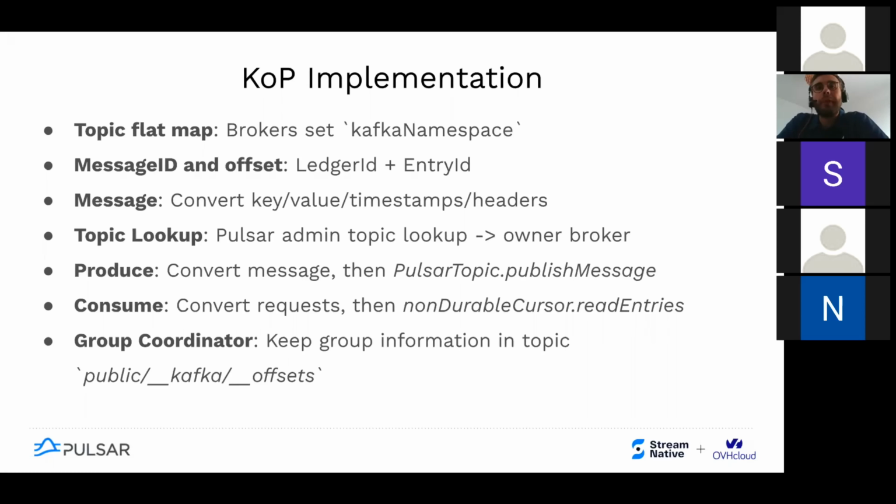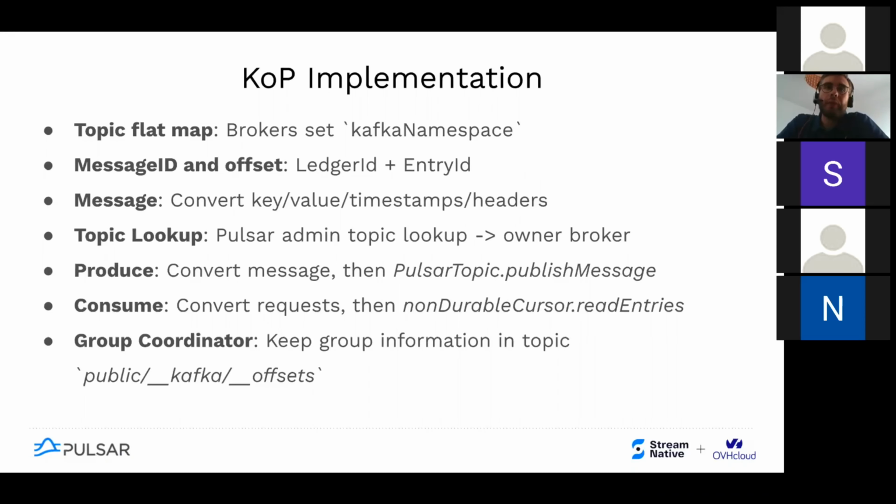To do a topic lookup, we are simply using the regular Pulsar way. So we are asking the Pulsar admin for topic lookup information, that will tell us which broker is the owner of this topic.